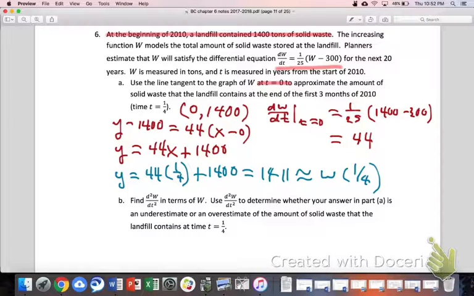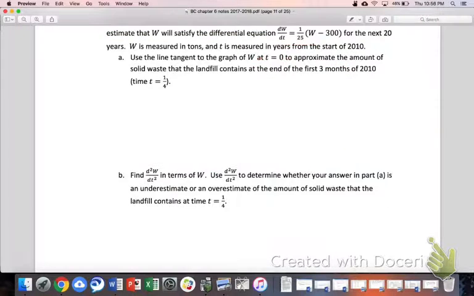Letter B says find the second derivative in terms of w, then use that second derivative to determine whether what we got in part A is an underestimate or an overestimate of the amount of solid waste at t equals 1/4. So go ahead, pause the video, give this one a shot. All right, so let's go ahead and find d squared w over dt squared. Let's keep in mind what that means.